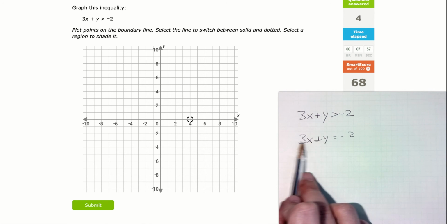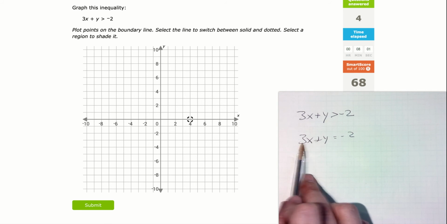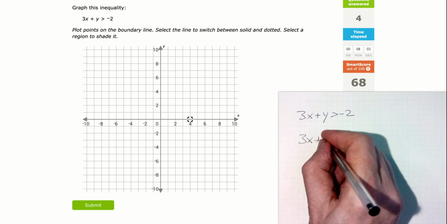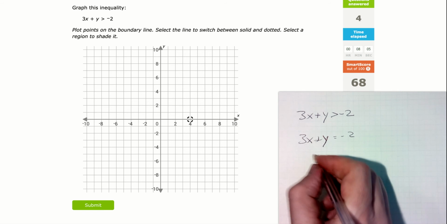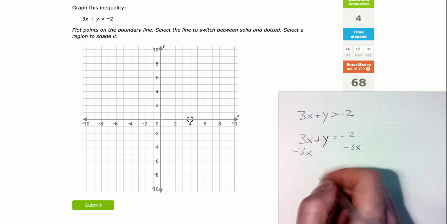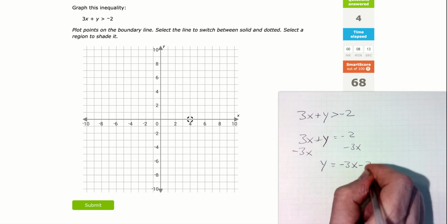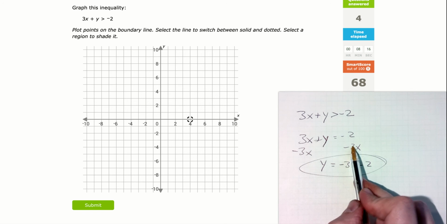Well, actually, that might not work because my x-intercept is going to be a fraction. So I might actually solve for y. I'm going to take the 3x and subtract it over here. So I get y equals -3x minus 2, because those two terms are not like terms.